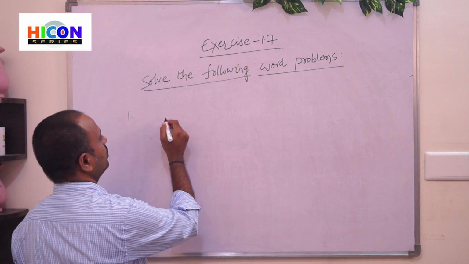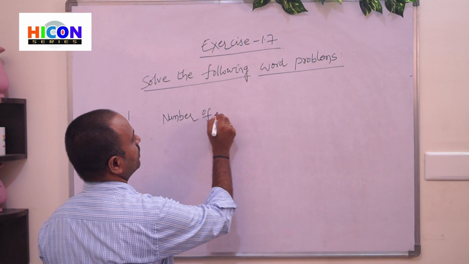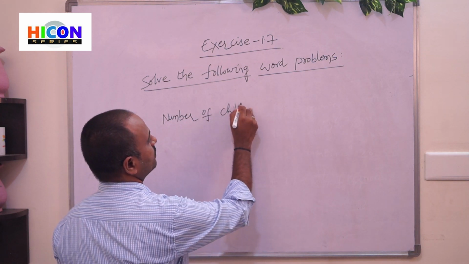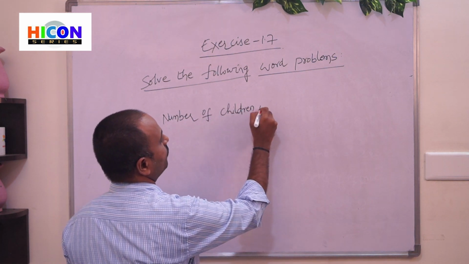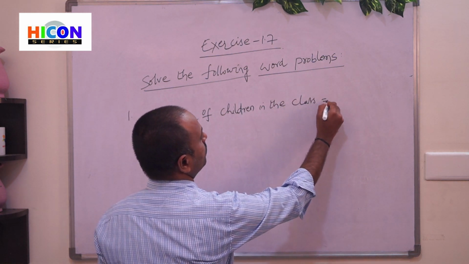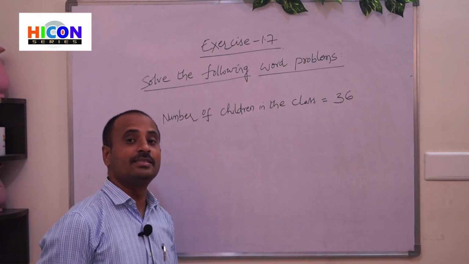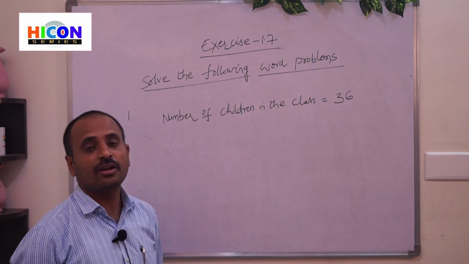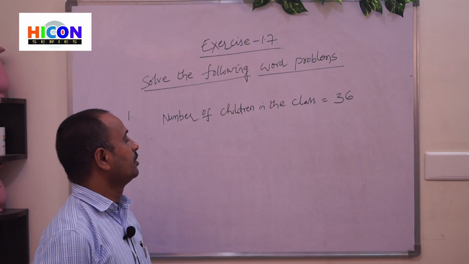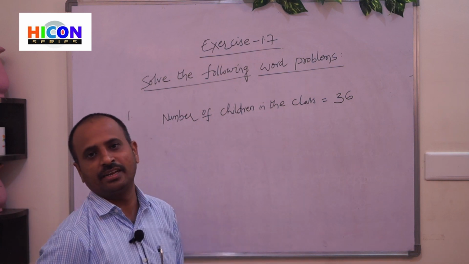Therefore, the number of children in the class is equal to 36. You have to round this 36 to the nearest 10.